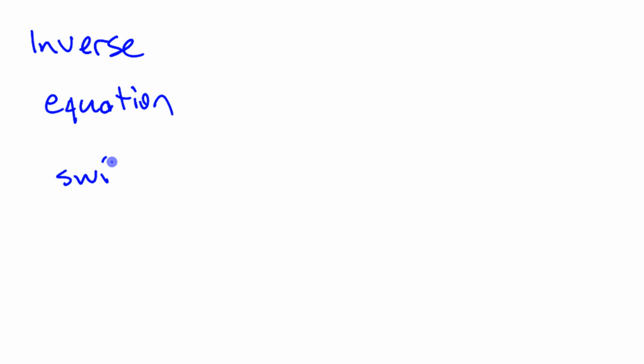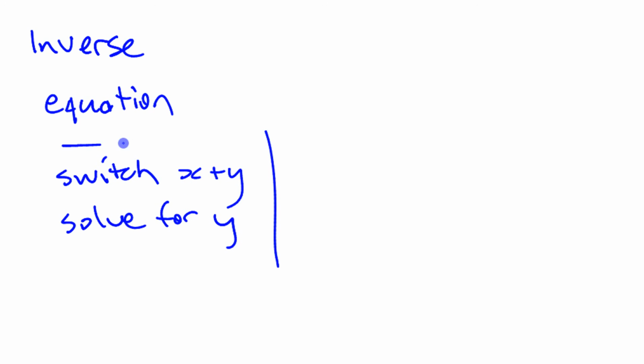So we have the inverse 3 different ways. We have the inverse when we look at it algebraically from an equation: switch x and y, and then solve for y if you want to write it as a function.